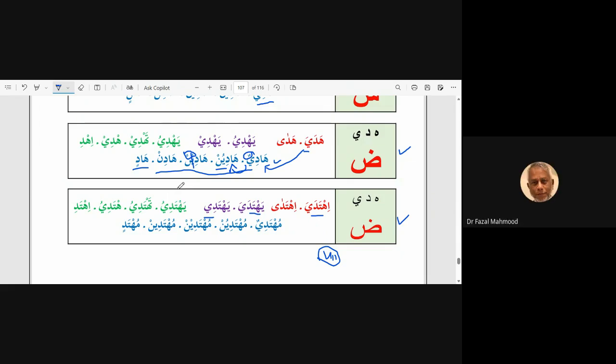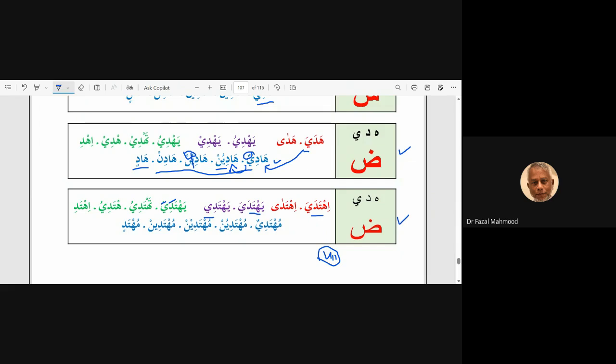Okay. The correct one is yahtadiyu. There is a mistake there. Ifta'ala yaftayu, so yahtadiyu. This one is correct. The other one, the fatah on the dal, is supposed to be a kasra. Let us remind ourselves of the form 8 pattern: ihtada, yahtadi.